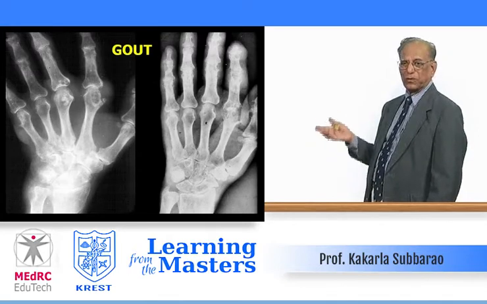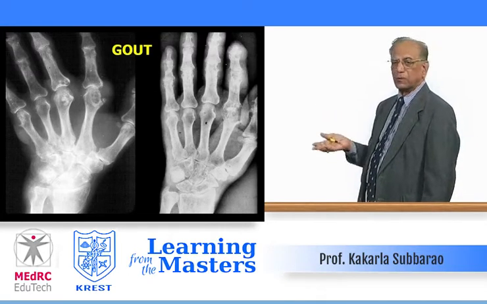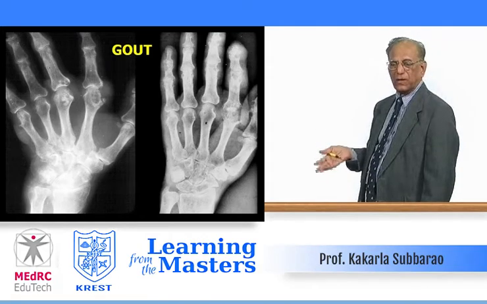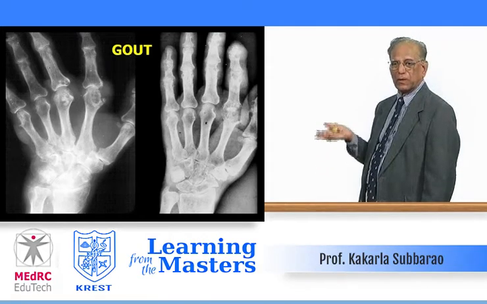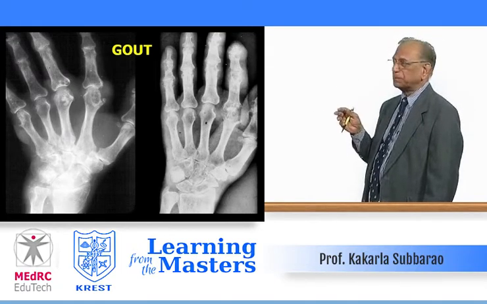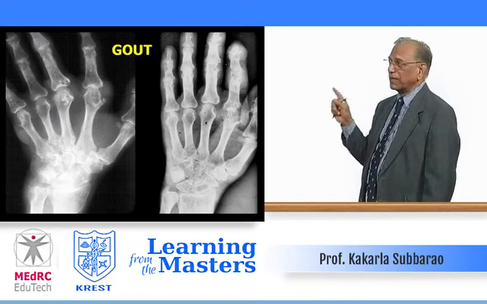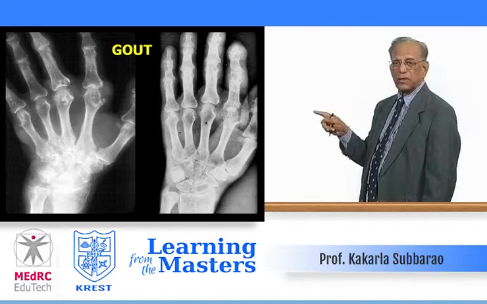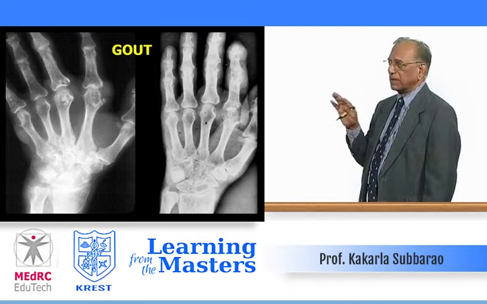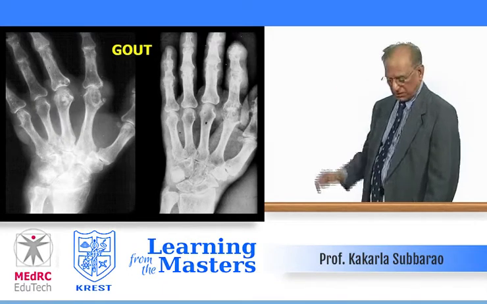Gout, which is the most important entity. Although podagra is common in the feet with involvement of the metatarsophalangeal joints, you can see it in any joint of the body, including vertebral joints. But hands are common. Eccentric erosions with overhanging margins, soft tissue swelling, and gouty tophi are the classical radiological findings of gouty arthritis.